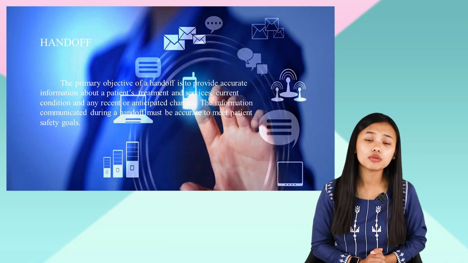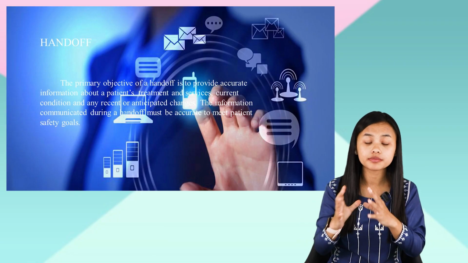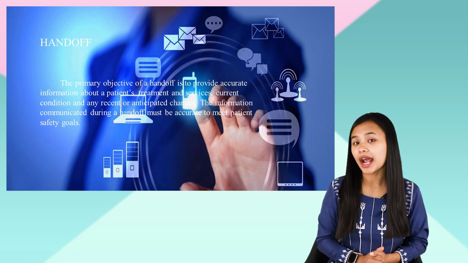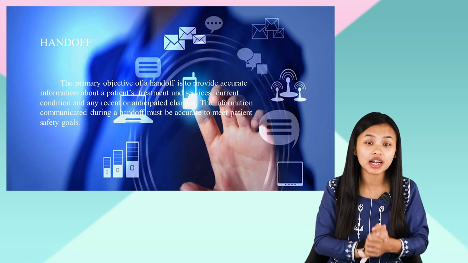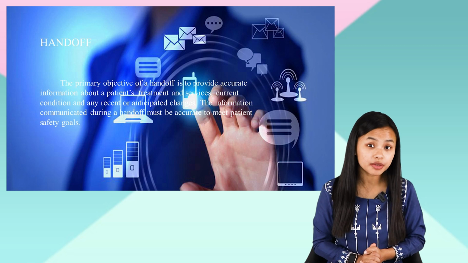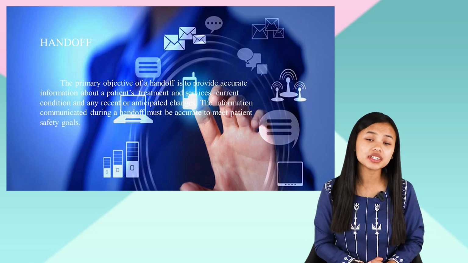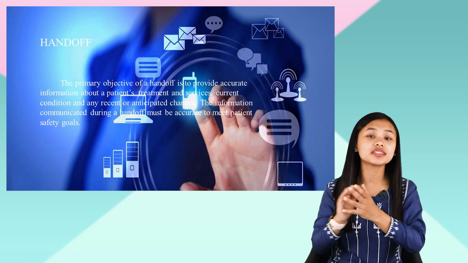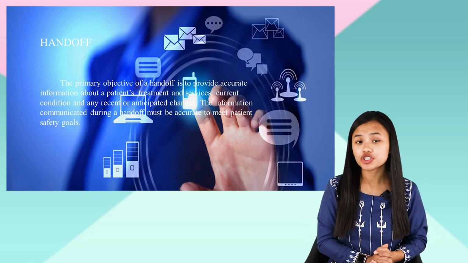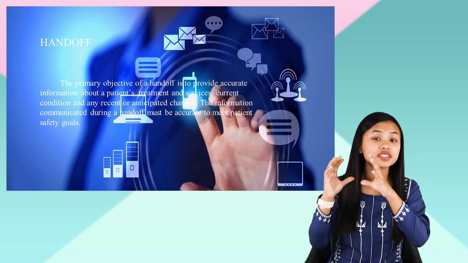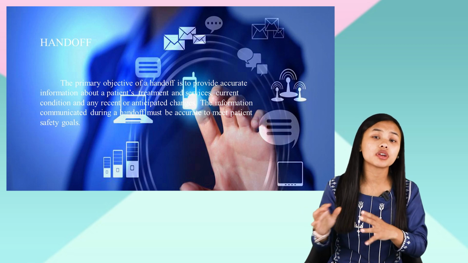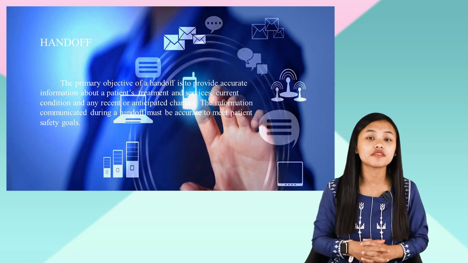The primary objective of this handover is to provide accurate information about the client's disease condition, the client's treatment, and any recent and any anticipated changes that can occur. The information communicated through this handoff must be accurate in order to meet the patient's safety goals.